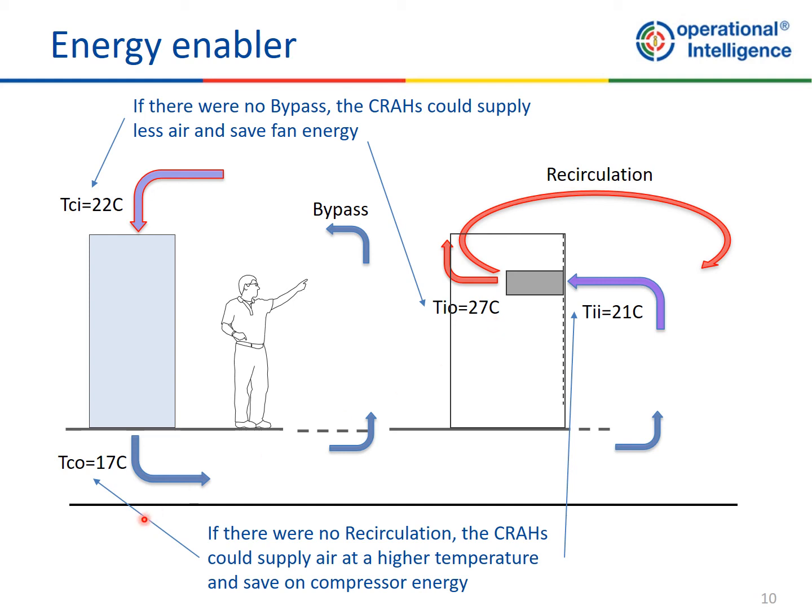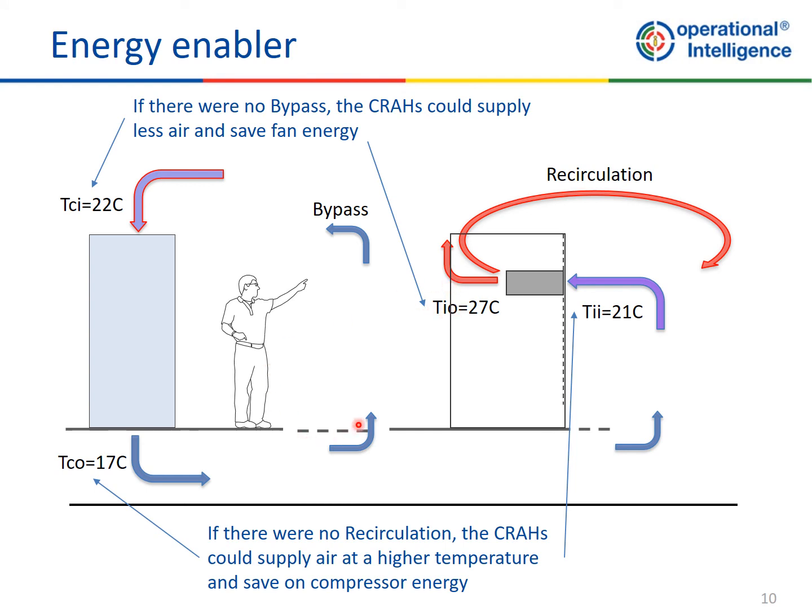Now, if we look at the bypass, which is this air here, you can see that this bypass is what is reducing this temperature of 27 degrees coming off the back of the server and lowering it to 22 degrees here. So 27 degrees with air at 17 here, bringing it down to 22 degrees. I've actually got 5 degrees depression of temperature on my return path because of bypass.